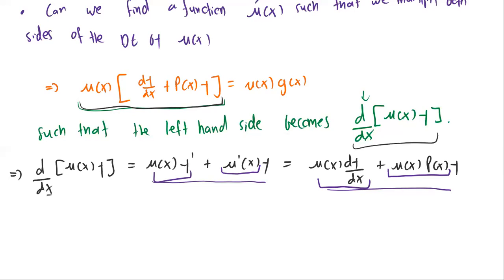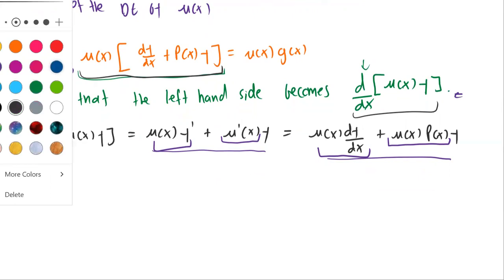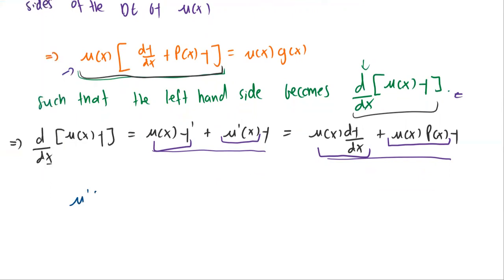If that is true, the second terms are equal, so this equation is actually an equality. So what we need is mu prime of x to be equal to mu of x times p of x.